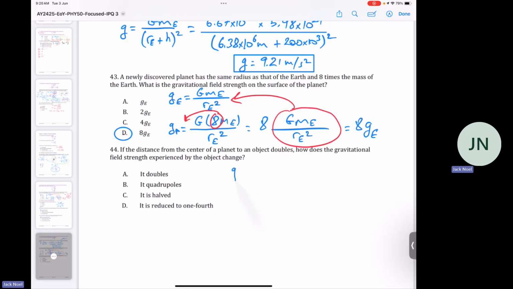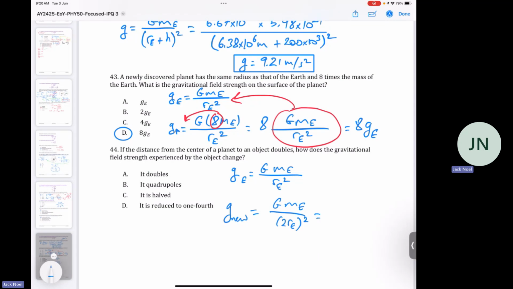Again, GE is nothing but GME over RE squared. And they said that R is doubled, right? So new G equals GME over double the distance squared.